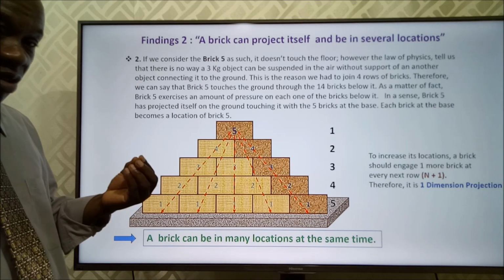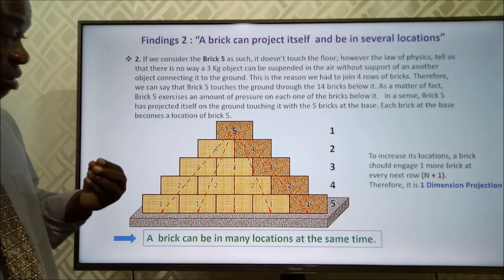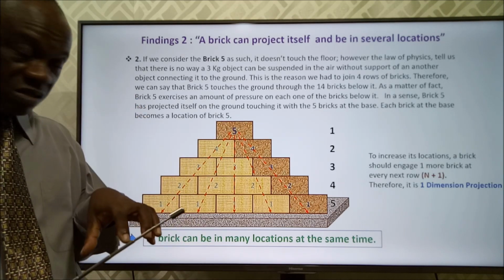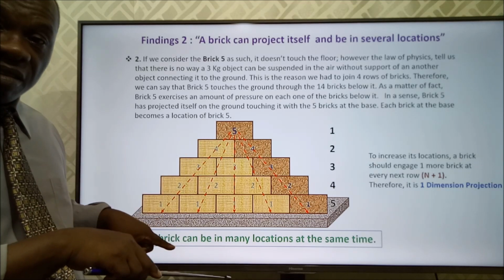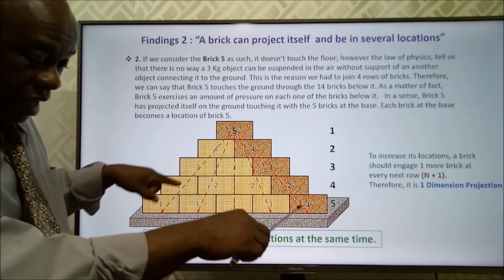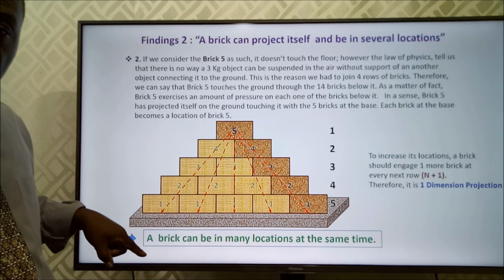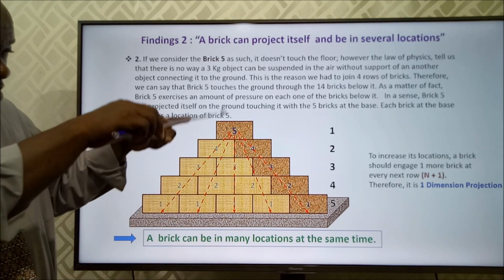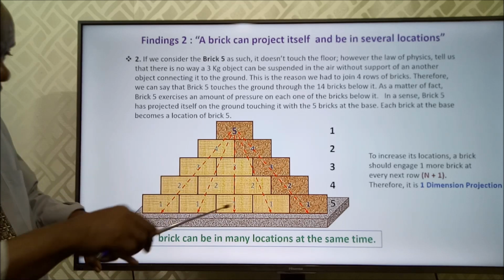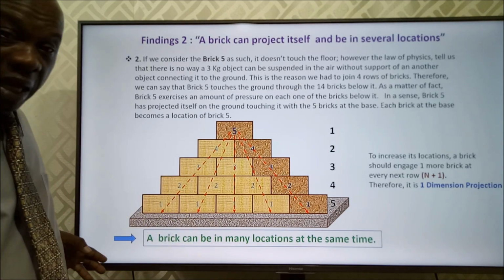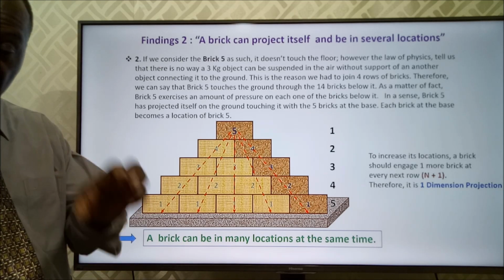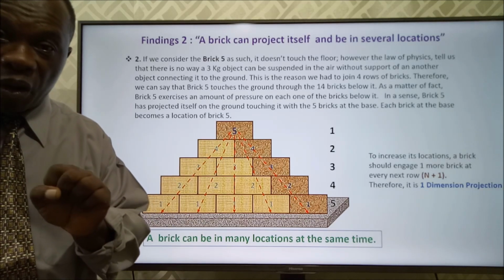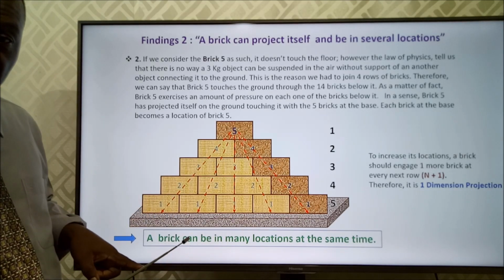As a matter of fact, if we consider Newton's laws, then you will see that this brick is exercising a certain force on all the bricks below it. And this force is traveling through the bricks. As it goes down, of course, it's being channeled and it occupies more space. But in terms of strength, in terms of energy, the force becomes smaller in every location.